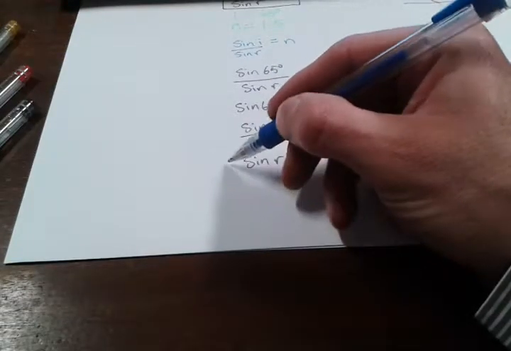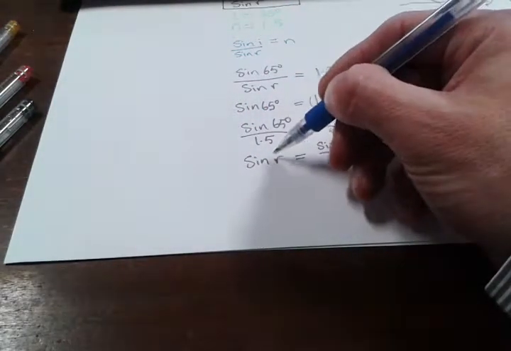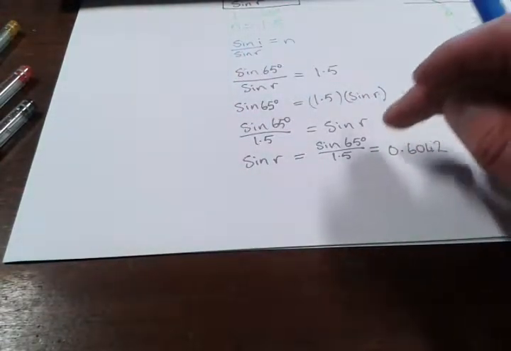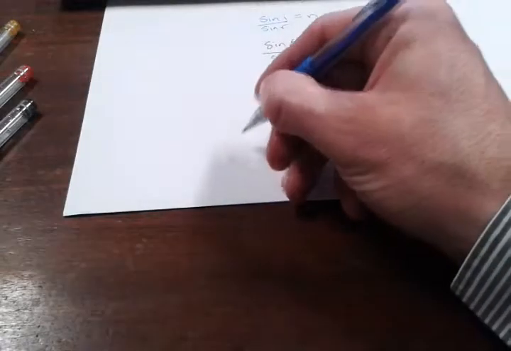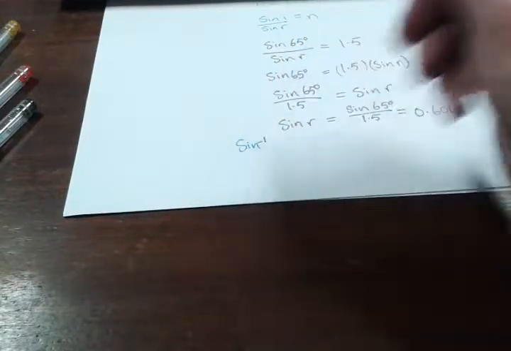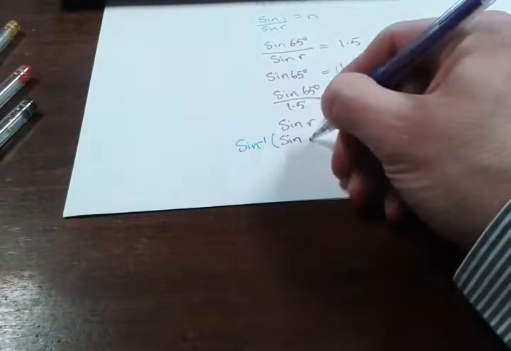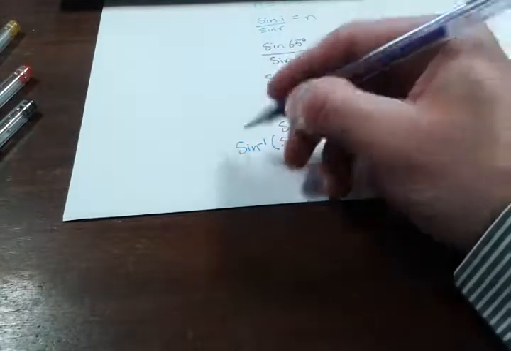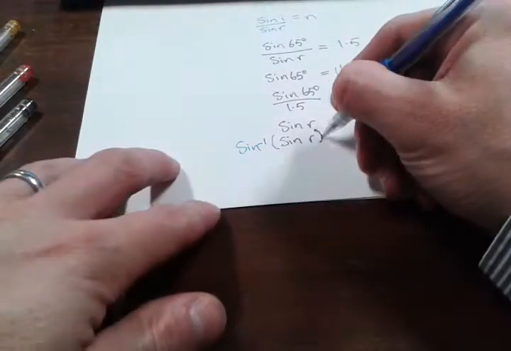So I would do sine inverse of sine of r, and the sine inverse and the sine cancel each other out, and I would end up with r. This sine inverse of sine is like doing 1 over x times x. It just cancels away.